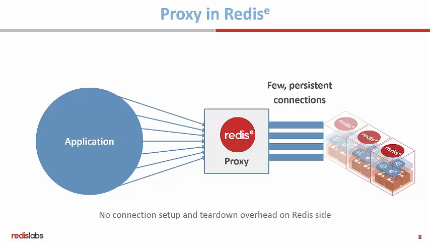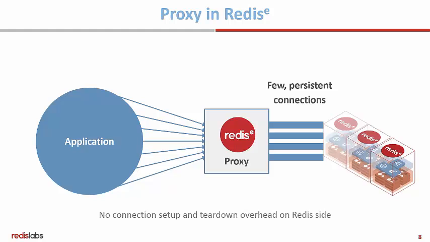So in Redis Enterprise, again, we have over on the right that 3-node cluster, and there's that layer of management software colored in blue there, and one of the components of that management layer is a proxy. So that proxy is part of the enterprise product, and that proxy stands between the application and the cluster, and it does a few things.